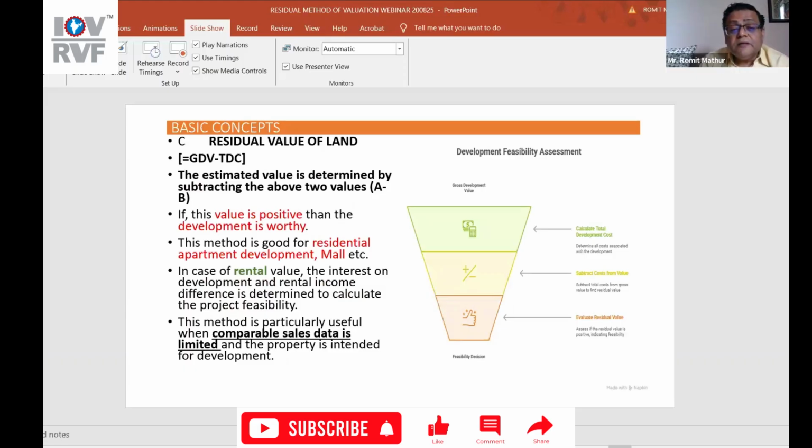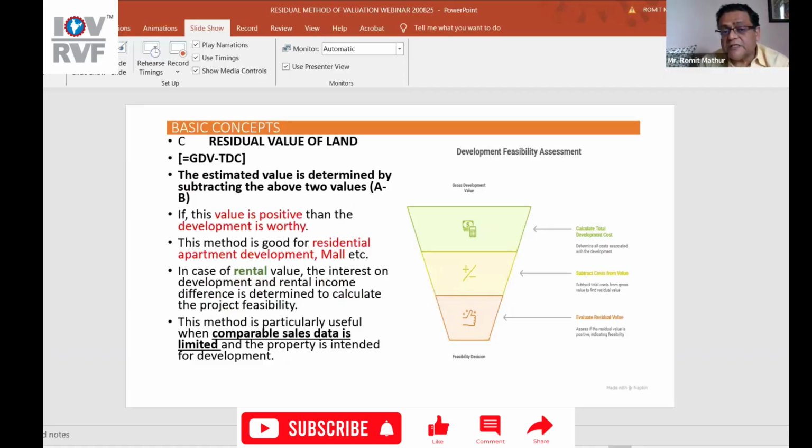Now, in the residual value of land, the estimated value is determined by subtracting the two values, A minus B. So the residual value of land, which is termed L, is equal to GDV minus TDC, gross development value minus total development cost. If this value is positive, then the development is worthy.